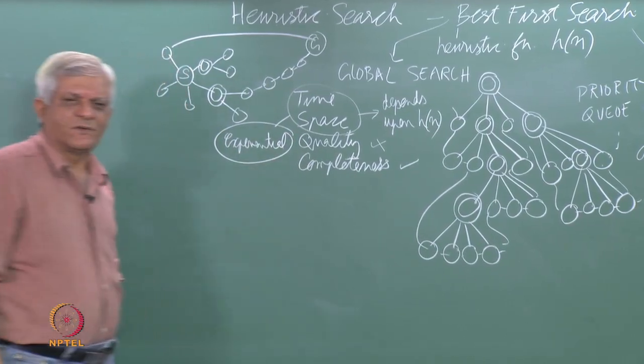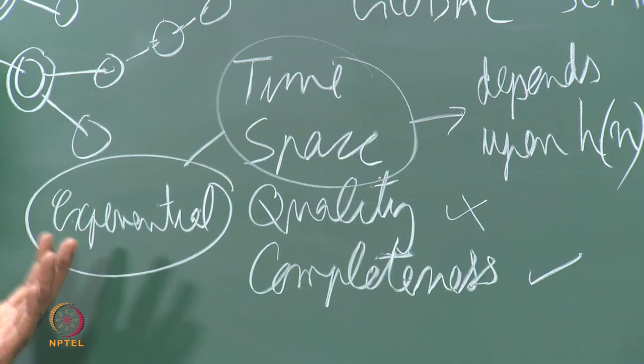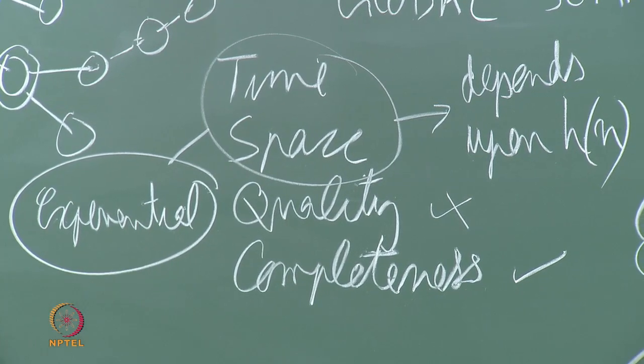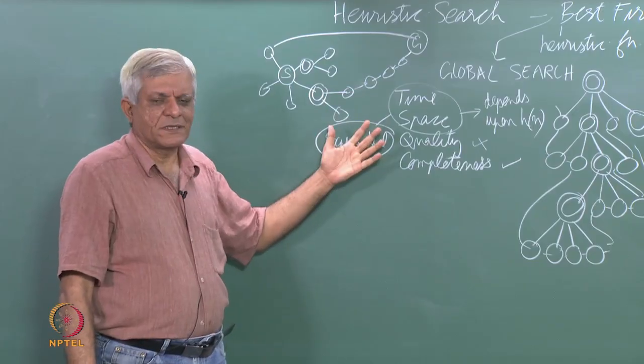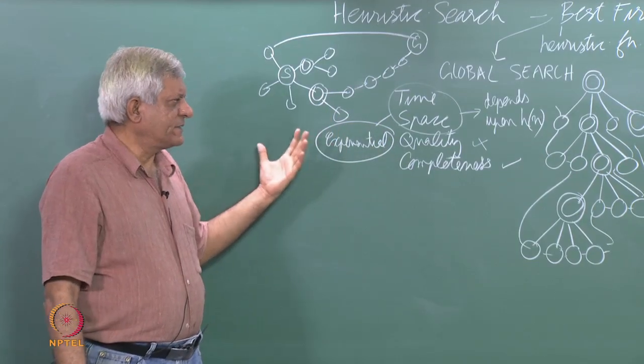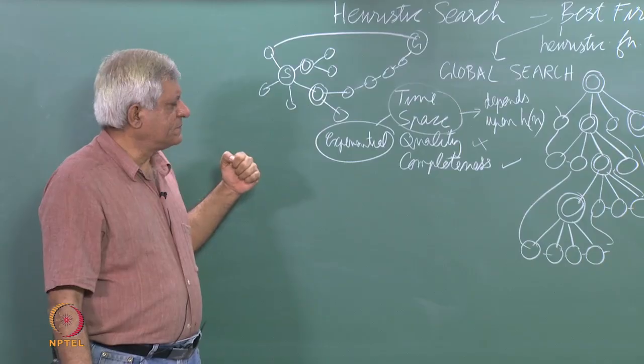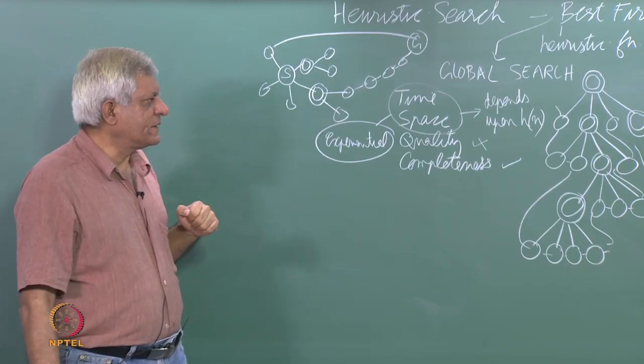So, this is something that we want to try and fight essentially, that we do not want algorithms which are exponential in nature. So, what can we do to devise algorithms which will require lesser space and lesser time complexity.